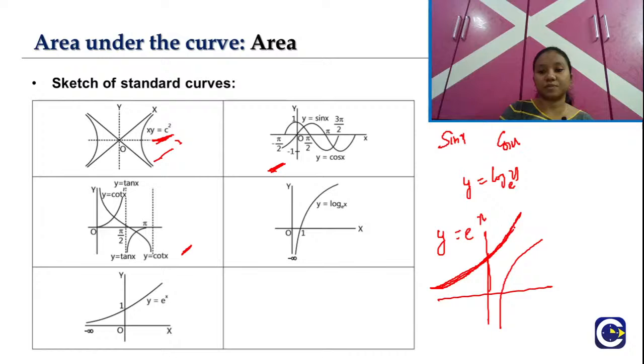This is our exponential graph, the upper one, and this is the lower one, the logarithmic graph. These are a few quick sketches of our standard curves, which you can remember, because while seeing the curves you can directly plot them without following the procedure of substituting values.